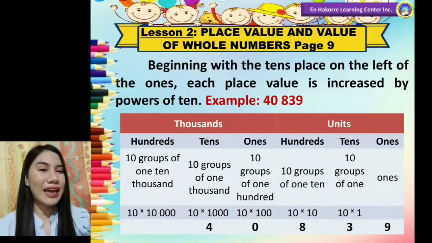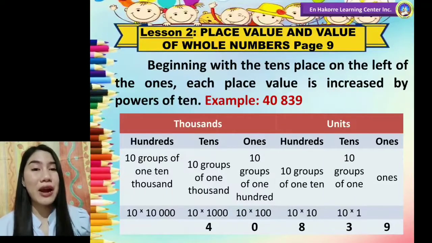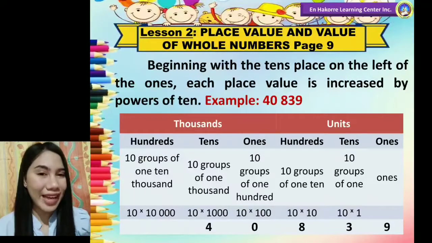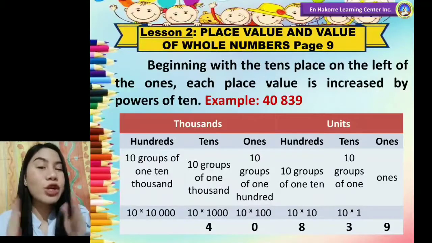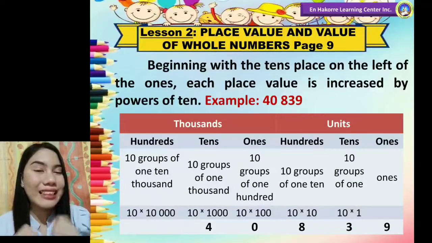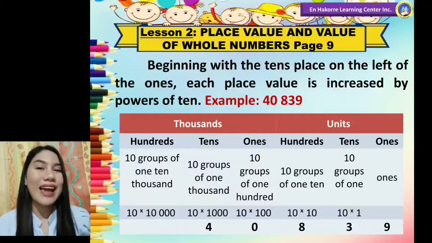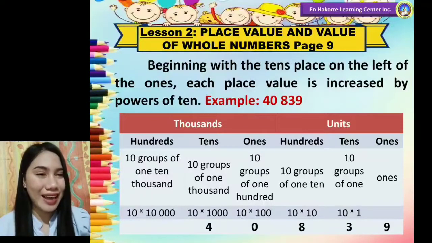Since 8 is in the hundreds place, there are 10 groups of 8 tens. First, multiply 8 by 10. 8 times 10 is equal to 80. Now, since there are 10 groups of 8 tens, 10 times 80 is equal to 800.